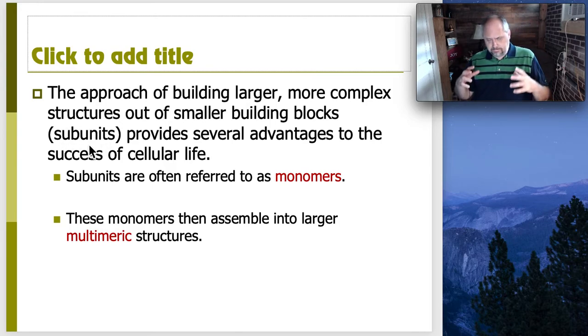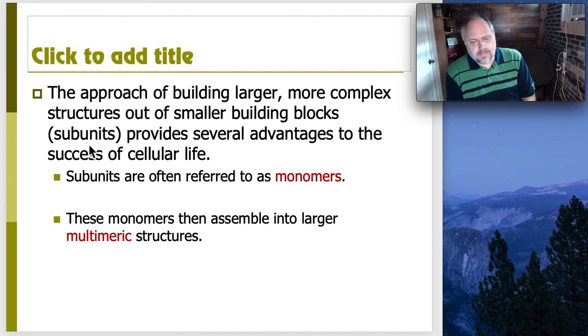So a protein is built out of amino acids as its subunits, and a tissue is built out of subunits of cells and other extracellular components. The ability to do this is going to provide several advantages to the cell and the organism, and it opens up a lot of possibilities functionally for that cell as well.